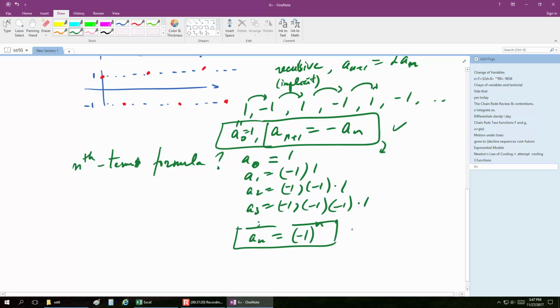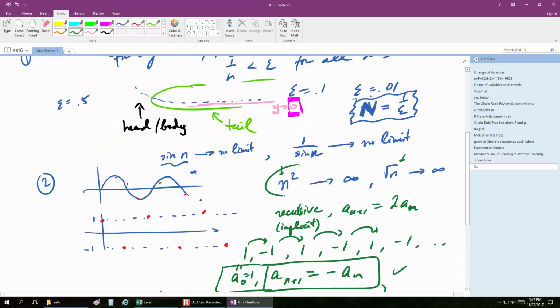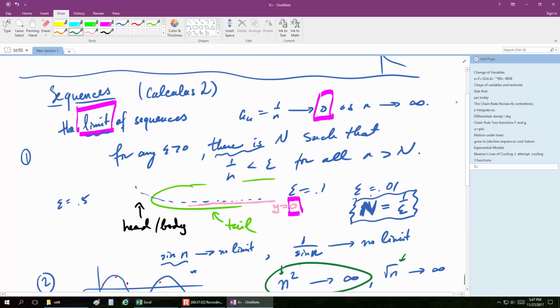So a good example is 1 over n, a bounded sequence that converges to 0, but then there is this one, an unbounded sequence that diverges to infinity. Another example would be, as you can see, 1 over n doesn't reveal all the important types of behaviors.